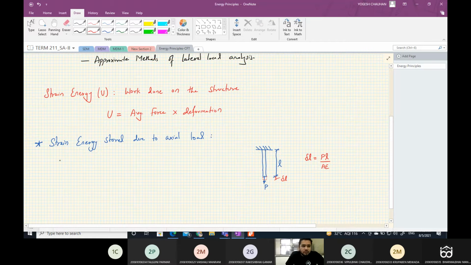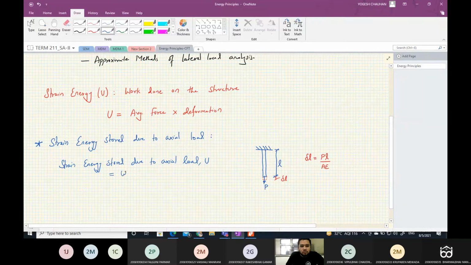So we can write strain energy stored due to axial load, that is U, it will be equal to work done. Okay. Now what is work done? It is the average force multiplied by deformation.